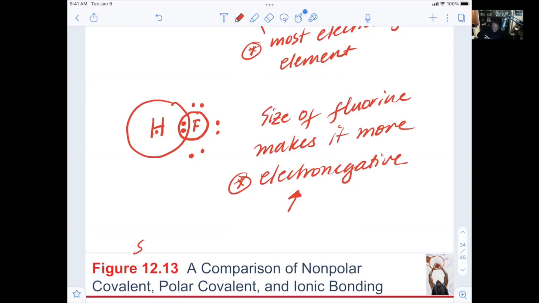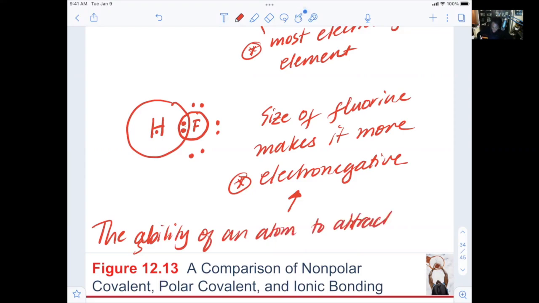Electronegativity is the ability of an atom to attract shared electrons to itself, okay? And the smallest atoms are able to do that the most.